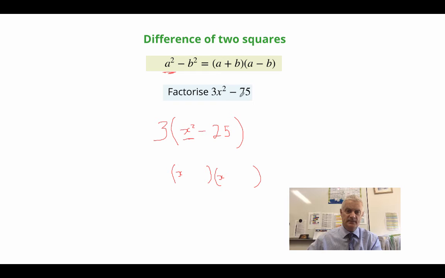And b squared is 25, because we've got the minus sign in the middle there. So that means b is the square root of 25, which is 5. So we're going to have 5 and 5. And of course, in the brackets in between them, plus and minus. Don't forget the 3, that's all involved as well.